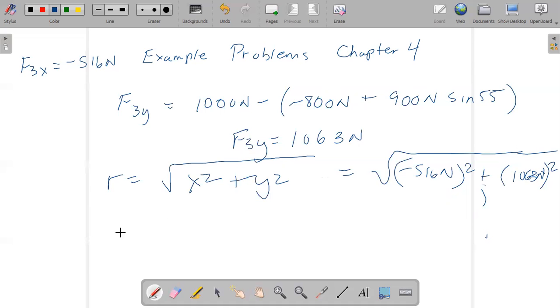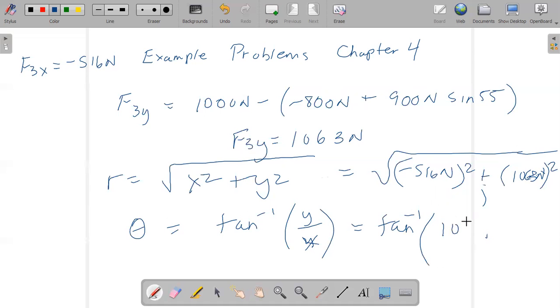And the angle theta equals tan inverse of y over x, equals tan inverse of 1063 newtons over negative 516 newtons. And you solve that, and you have to note which quadrant. X is negative, y is positive, so that's going to be in the second quadrant.